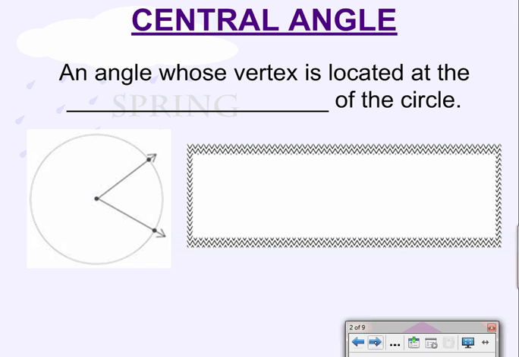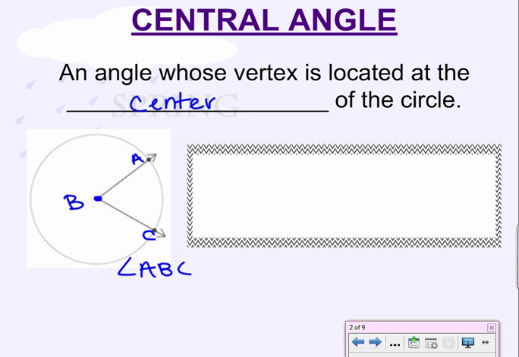So what is a central angle? A central angle is that angle whose vertex is located at the center of the circle, hence central angle. So here we have our center point, and I'm going to label that B. I'm going to label this point A and C. So we have angle ABC, which is our central angle.